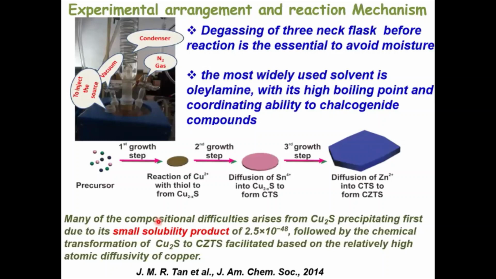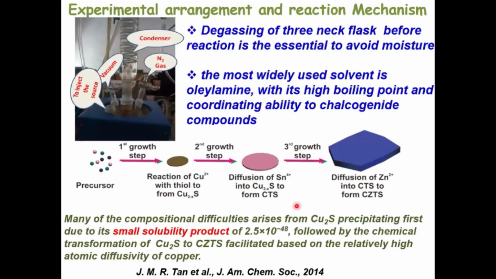So why do we mix copper, tin and zinc into the solvent, oleylamine or oleic acid or dodecanethiol? We want to initiate the reaction first with copper and tin, and then with the zinc, so that we have the stoichiometry of copper zinc tin sulfide.